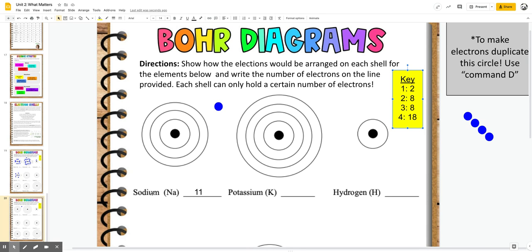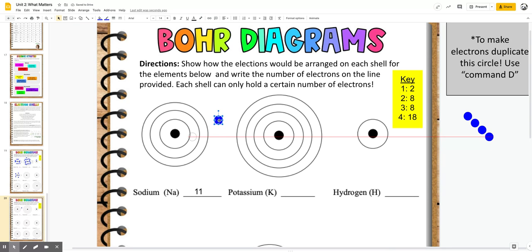Okay, so if we take a look at sodium first, we have a template for its Bohr diagram showing all the electrons and how they're arranged on the shells. And then right here, I have the atomic number for sodium. The atomic number tells us the number of protons and electrons in an atom of sodium. So that means we're going to be putting 11 electrons on these shells outside the nucleus.